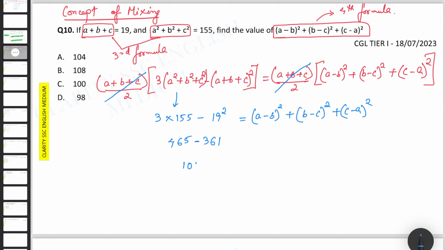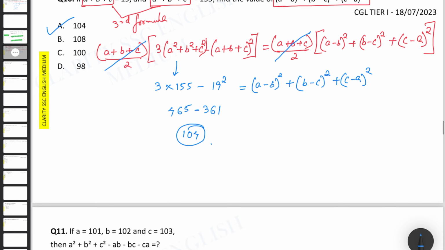So 104 is the correct answer. Option number A, 104 is the correct answer. This is how we are going to mix. Let's see some more types of the concept of mixing.